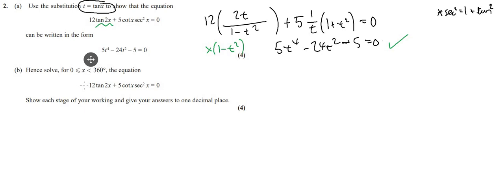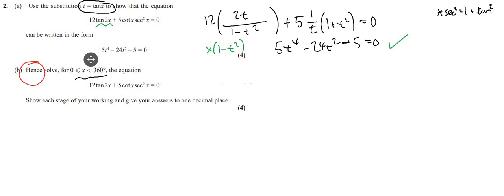Okay, right, now whenever you see the word hence, hence means using what you've worked out before. You've found the solution, now it's saying hence solve, so use the thing that you've used between 0 and 360: 12 tan 2x plus 5 cot x sec squared x equals 0.